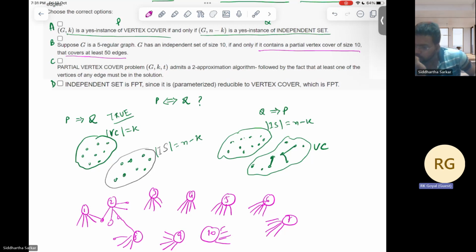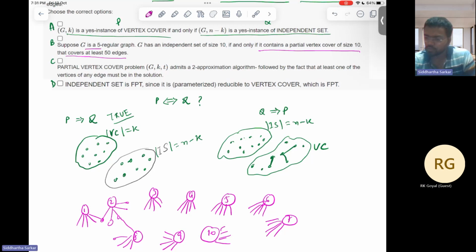So yes, because here every vertex is covering at least 5 edges. Therefore, the number of the edges covered is 50 edges, and the size of the cover is 10. So it shows that 10 vertices are covering 50 edges. Correct. Seems to be okay.